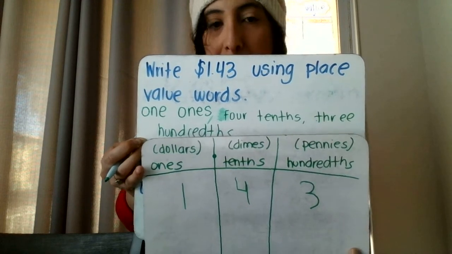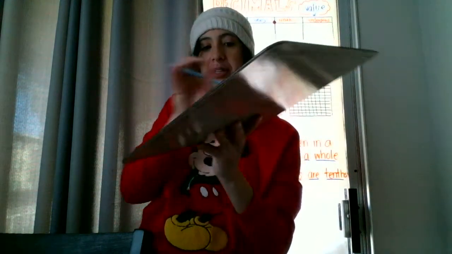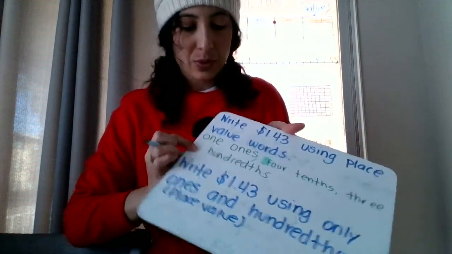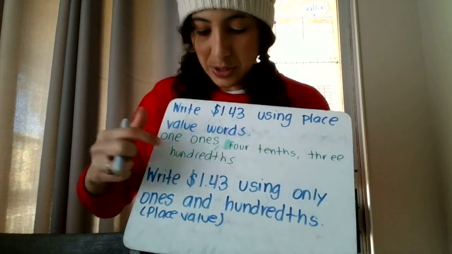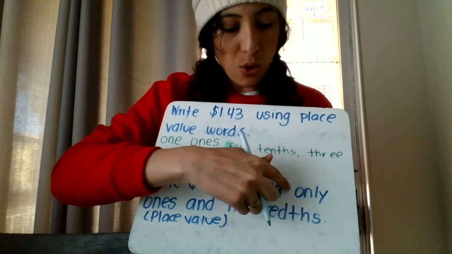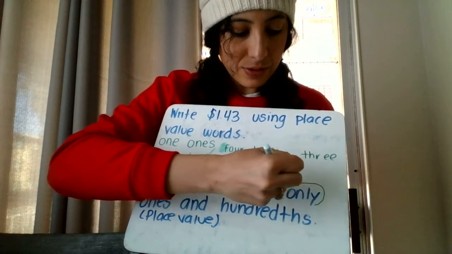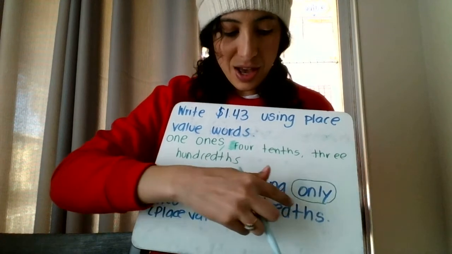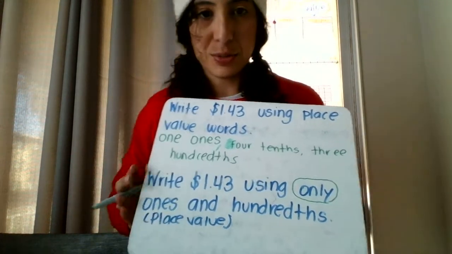Okay, but then it might get a little different. It might ask you a question like this. Write $1.43 using only ones and hundredths place value words.